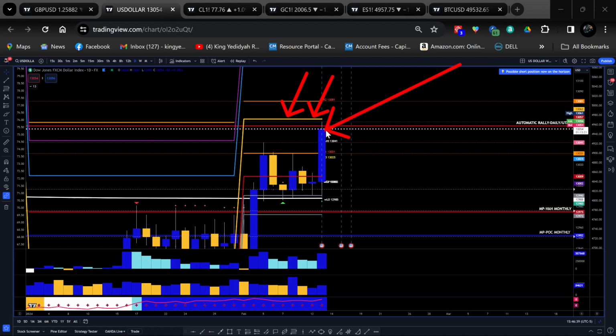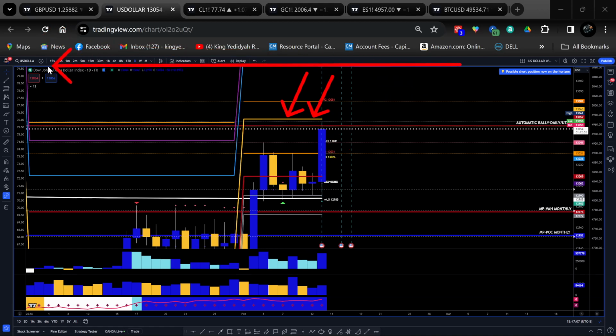If the US dollar decides to pull back down into this structure or come back down to the monthly R1, which is at 13031, and I'm using the Dow Jones FXCM dollar index, right? So this is not the Dixie, this is not the regular US dollar weighting. This one is actually an updated weighting against other currencies.